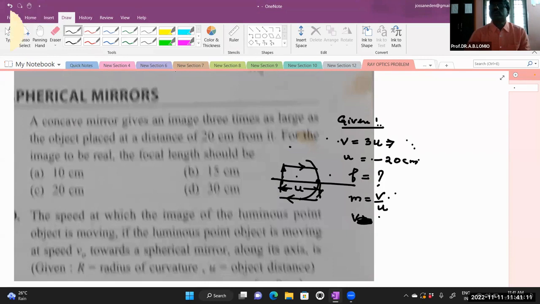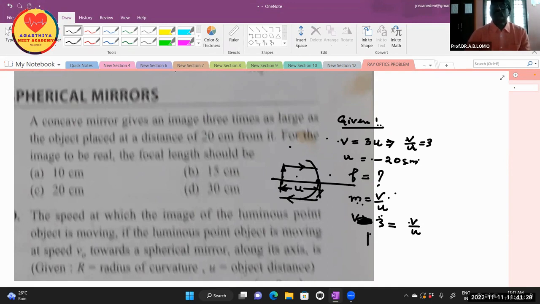V is 3 times of U. That means V by U is equal to 3. Substitute over here, M is equal to 3.